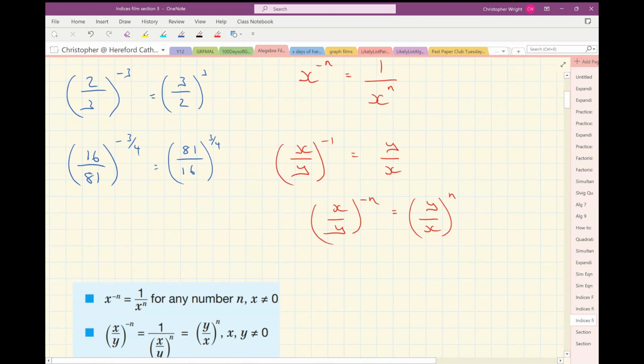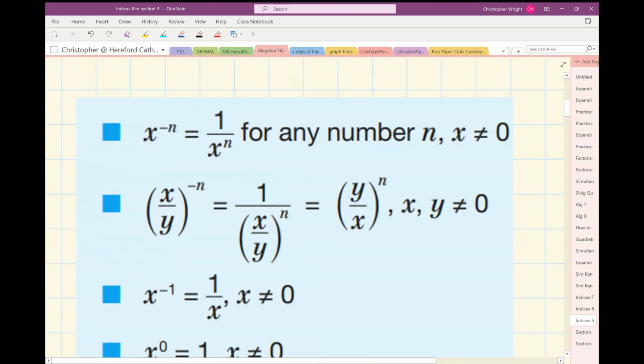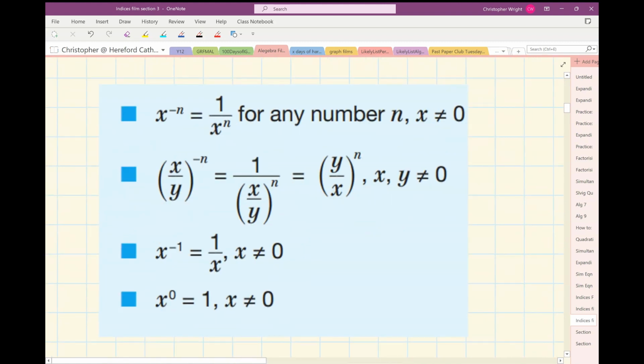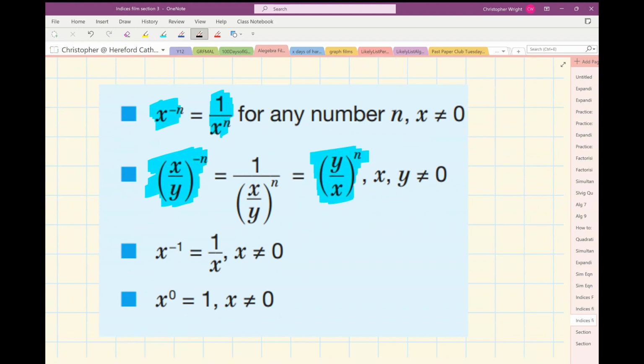Let's have a look at the rules here. So n to the power of minus 1 is 1 over n. That's what we've just been looking at. And also, x over y to the power of minus n is equal to y over x to the power of n.